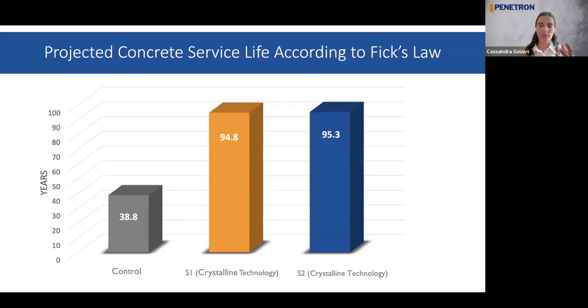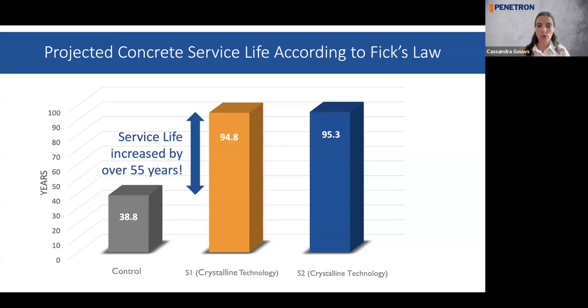That's seen as the end of its service life. For a control sample, you've got about 38 years before your steel starts to rust, and your crystalline technology sample is about 94 years before it starts to rust, showing you that you can have a service life increase by up to 55 years, which is incredible. It's more than double the service life.